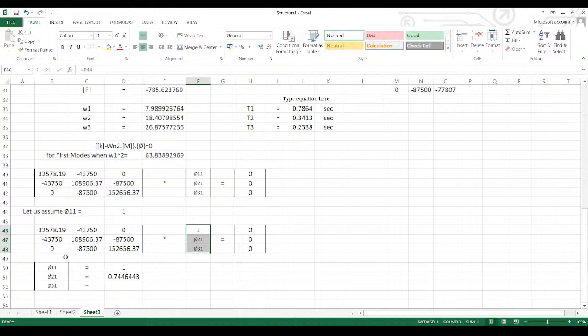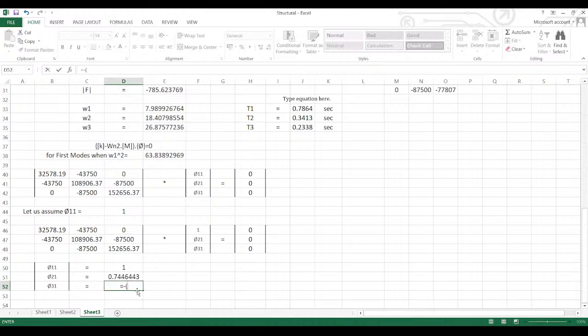Here q1 is 0, q2 is this, and q3 is unknown, so it is equal to minus bracket. I think this value is negative here.